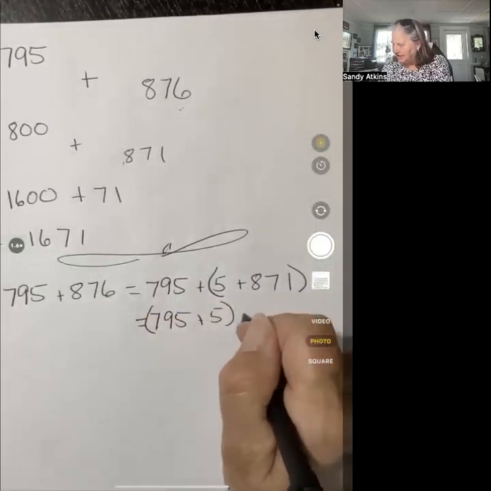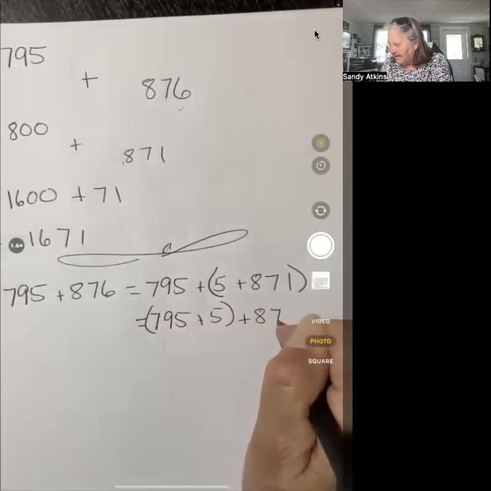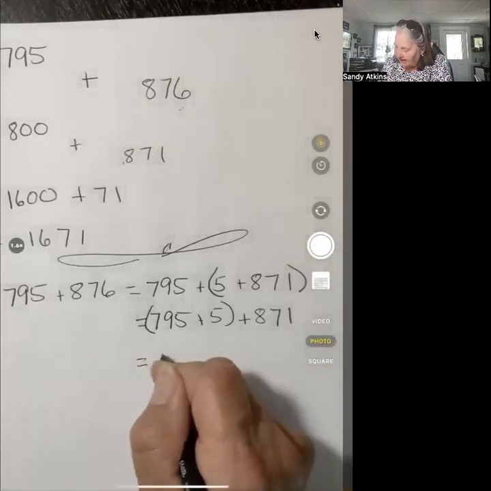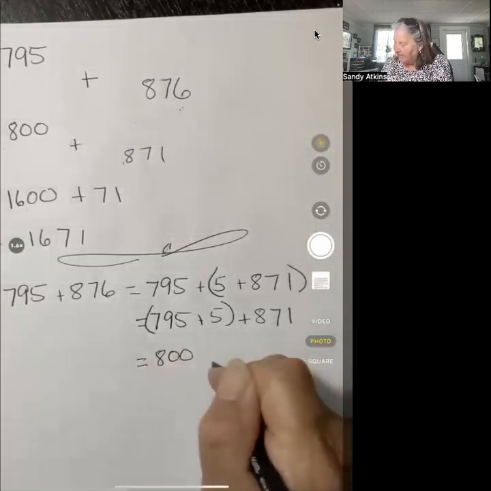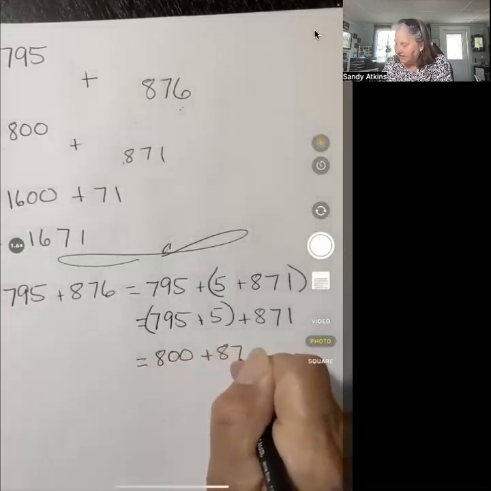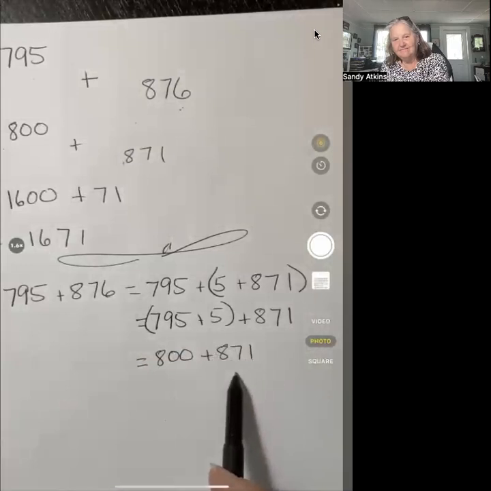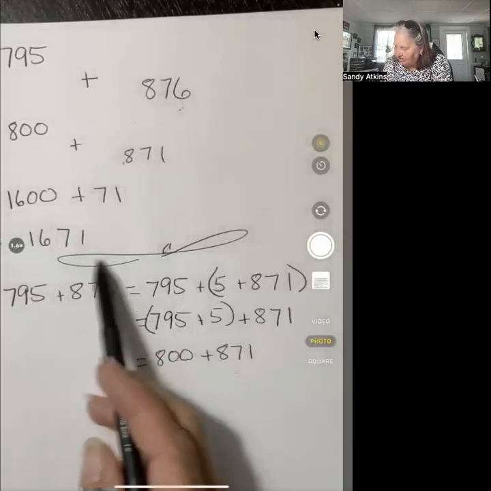Notice my language I keep using. That's important. I haven't gone into a plus, quantity. I haven't been using symbol language. I've been trying to use a very conceptual language to build that number sense. So here I end up with the 800 put together with 871. See my double 800 there?